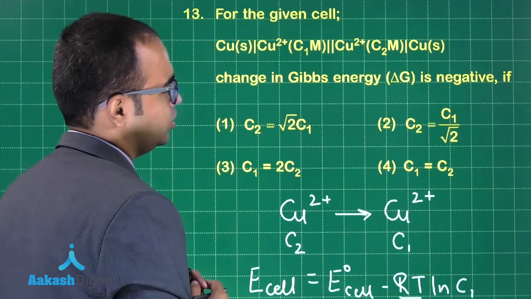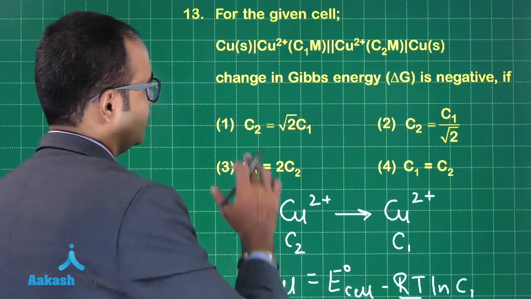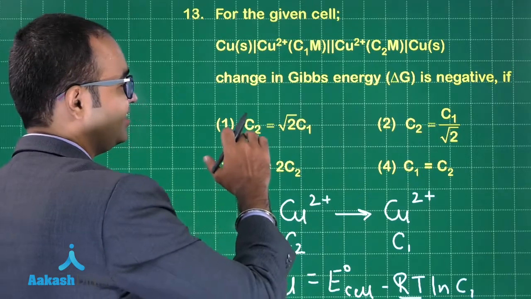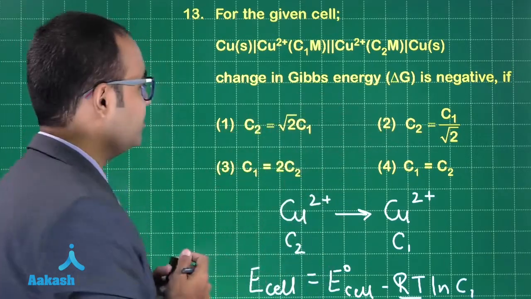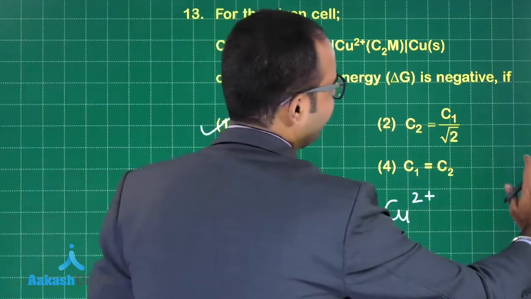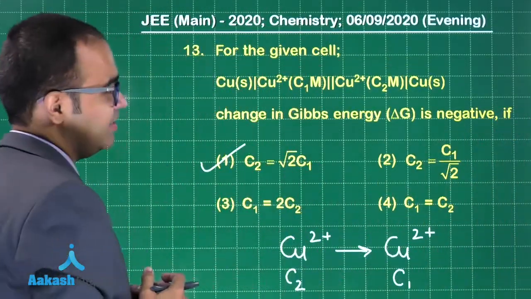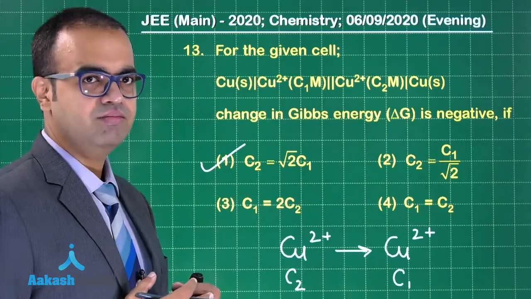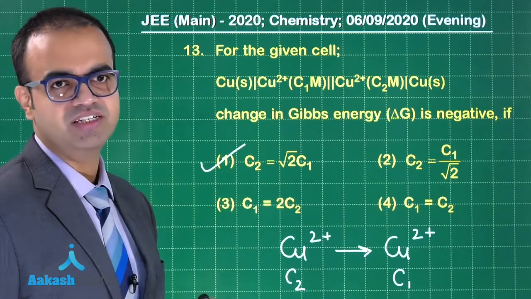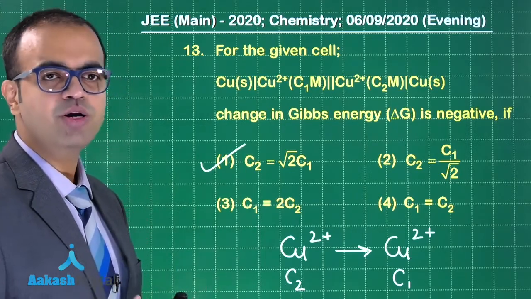Okay, so C2 is root 2 times C1, right? So isn't C2 greater than C1? Yes, it is. So the answer is option 1, guys. Okay, I hope you've understood this. I'll give this as a moderate question, because if you don't know concentration cells properly, you won't be able to solve this question, guys. Okay, let us move on to question number 14.